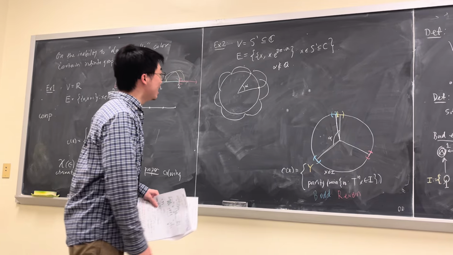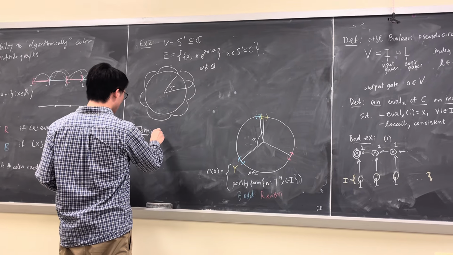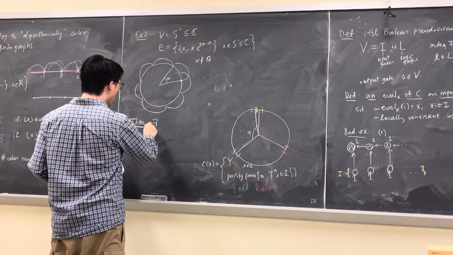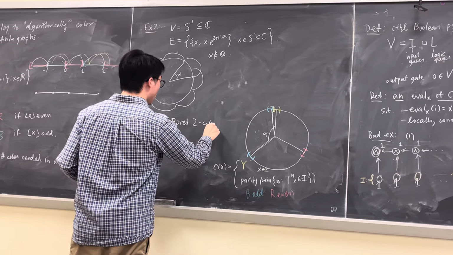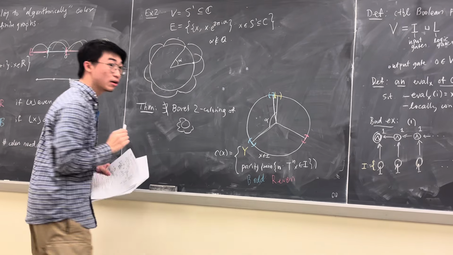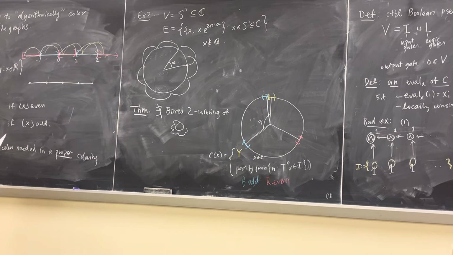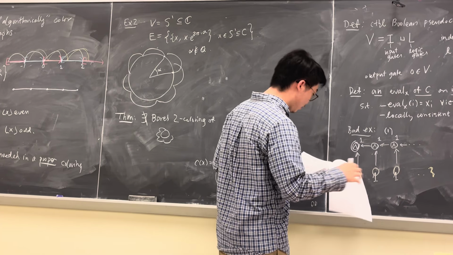Okay, returning to this, the theorem that I'm about to claim is that there is no Borel two-coloring of this graph. Okay, there is no Borel two-coloring. And I will prove this using the black box of Lebesgue measure theory.